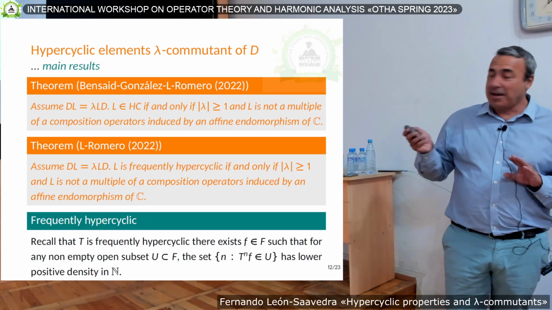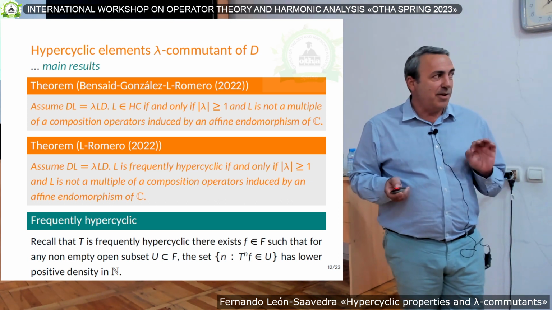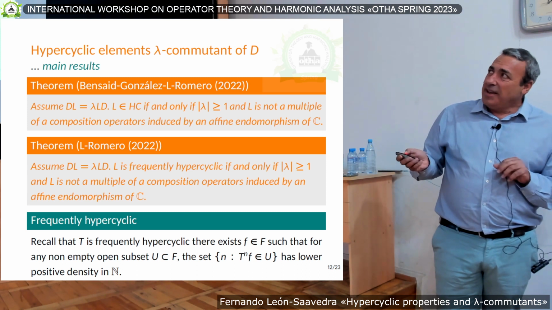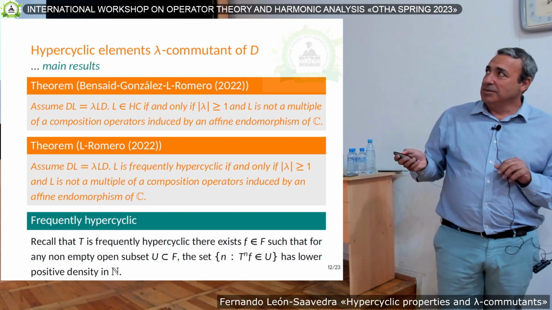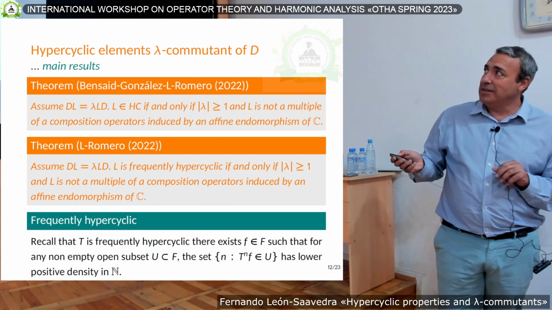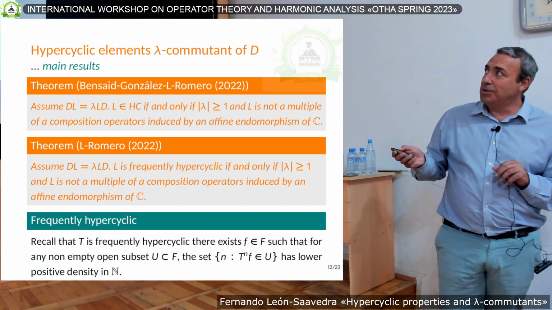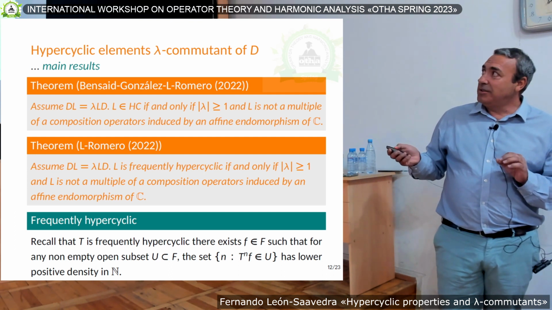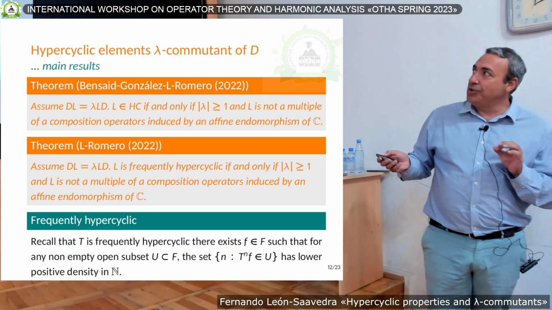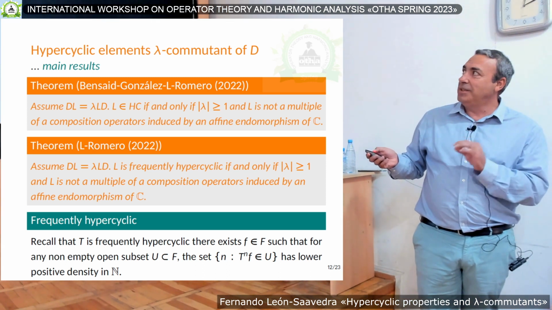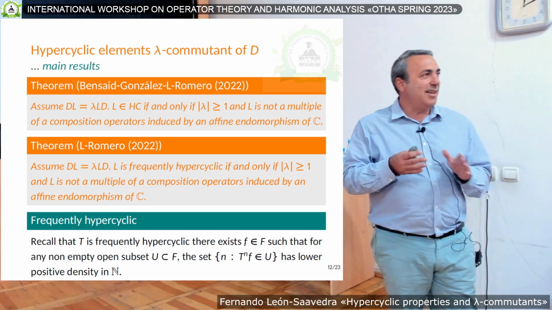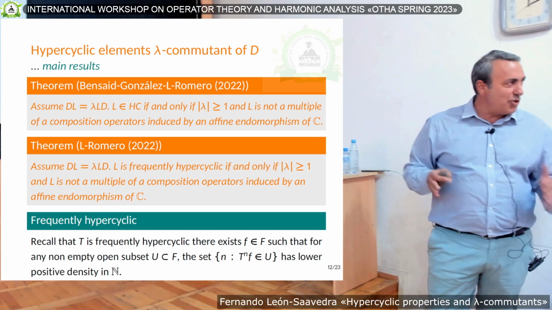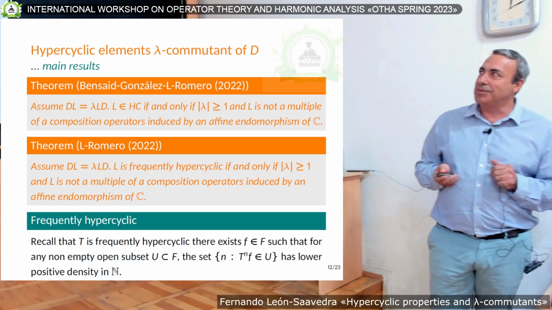Here we have the first result, the main result. Here you have a standard lambda eigenoperator of the differentiation operator. Then the operator is hypercyclic if and only if the modulus of lambda is bigger or equal to 1, and L is not a multiple of a composition operator induced by an affine endomorphism of C. You can see the analogy, replacing identity by a composition operator induced by an affine endomorphism.